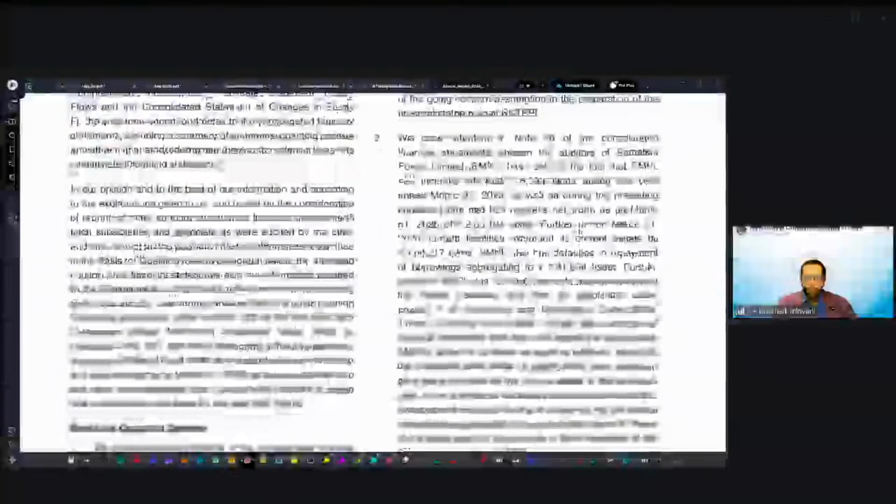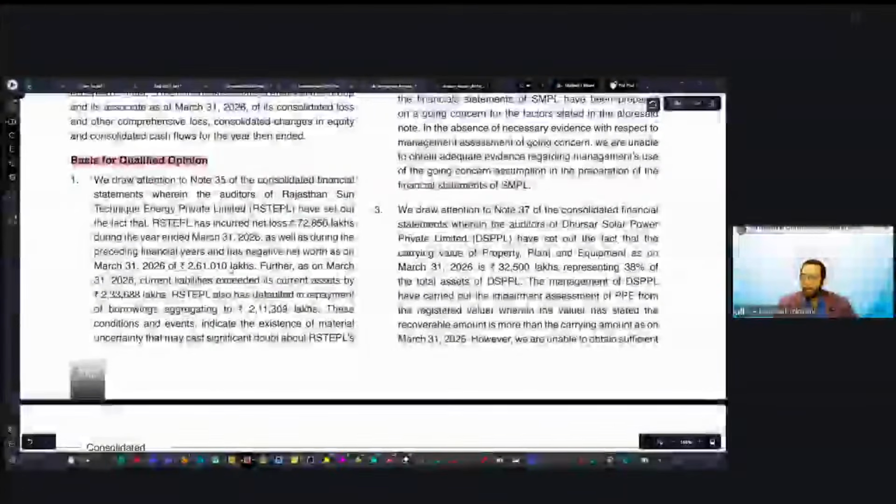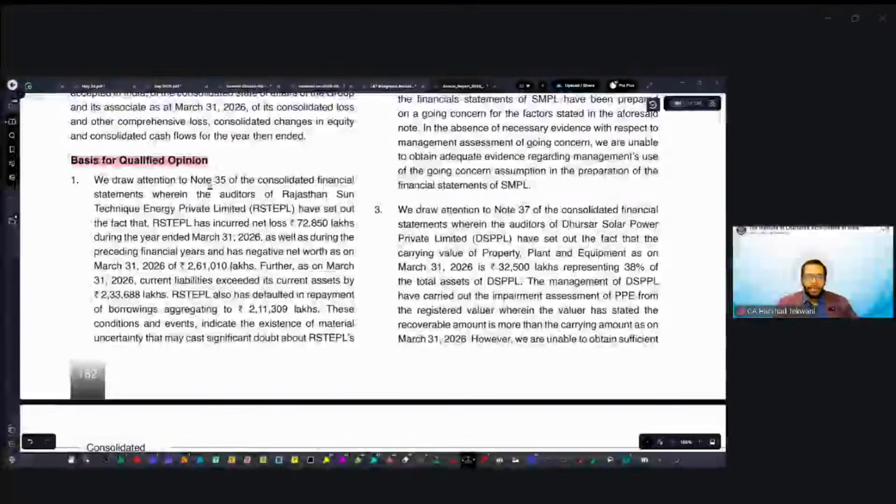Now, if you go to the basis of qualified opinion, you will see that with respect to a subsidiary or component, we draw attention to note 25 of the CFS, wherein the auditors of a particular subsidiary have pointed out some issues, that there was a loss, and a lot of things are there.